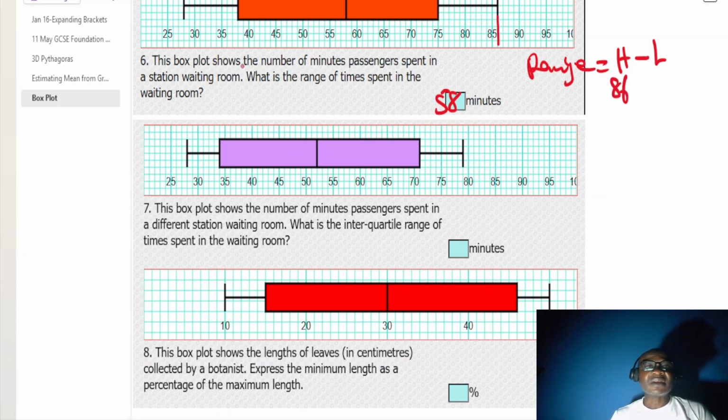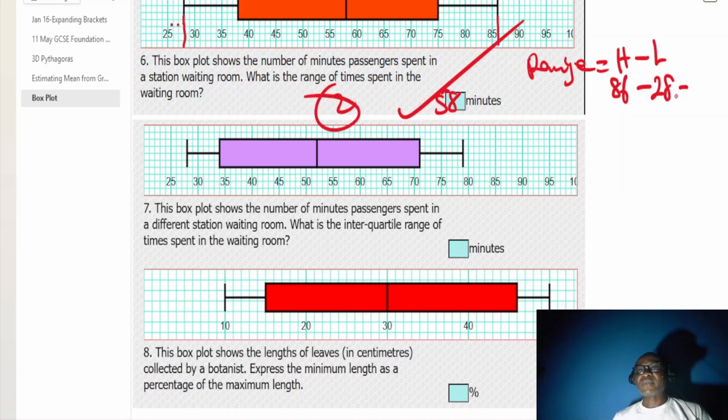The minimum value is here, 26, 27, 28, so the minimum value is 28. We subtract 86 minus 28 to get the range. 86 minus 28 is 58. So your answer is accurate. You give it 2 marks. It is 58.